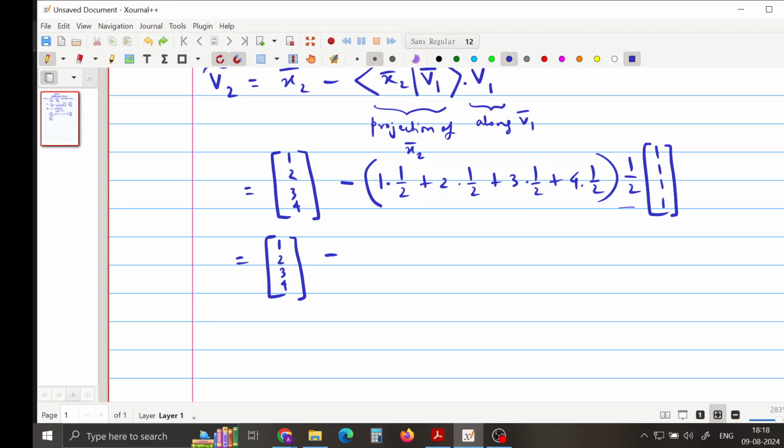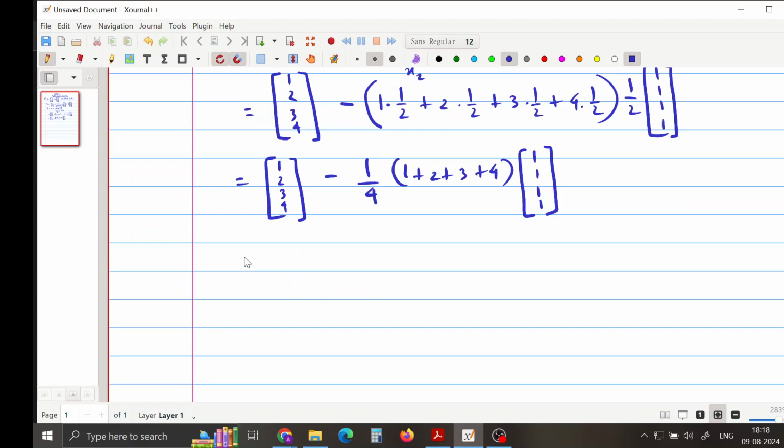So half times half will give you 1/4, and you can write this in this form.